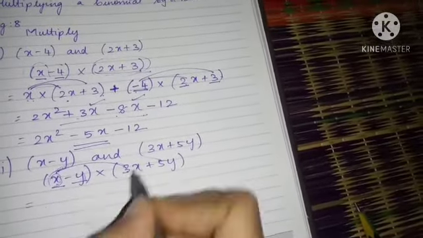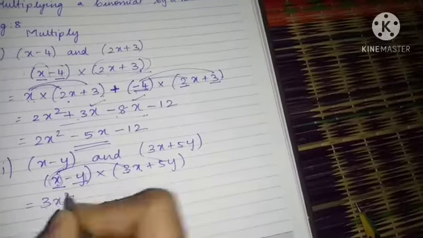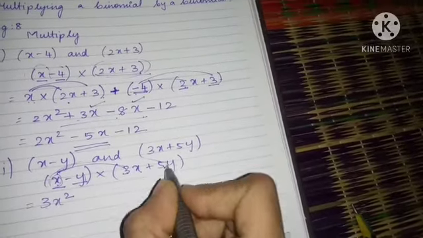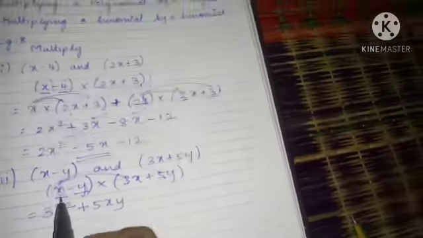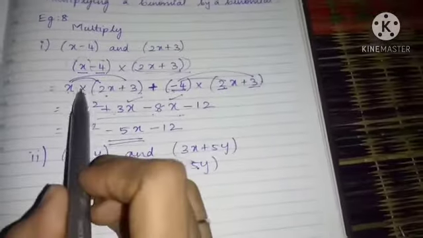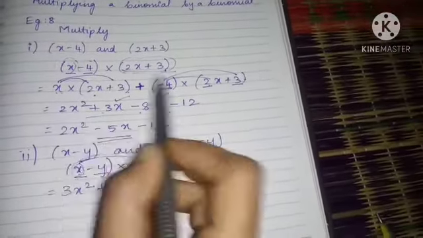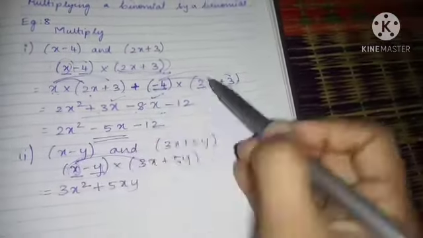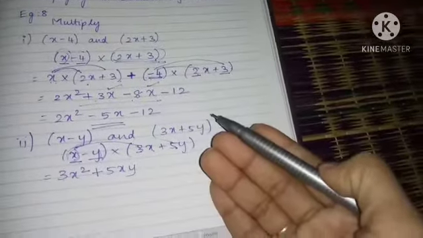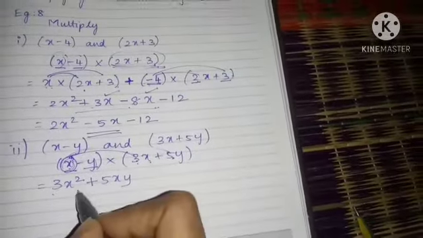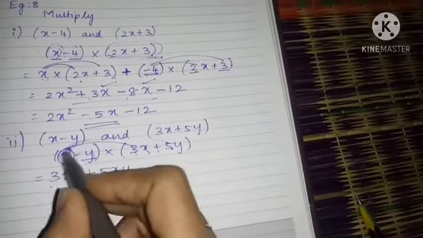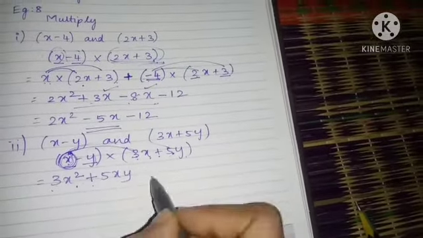x into 3x, 3x square, x into 5y, plus 5xy, correct? First I am doing x into this term, then minus y into this term. That I am doing directly. x into 3x, 3x square, plus x into 5y, 5xy.